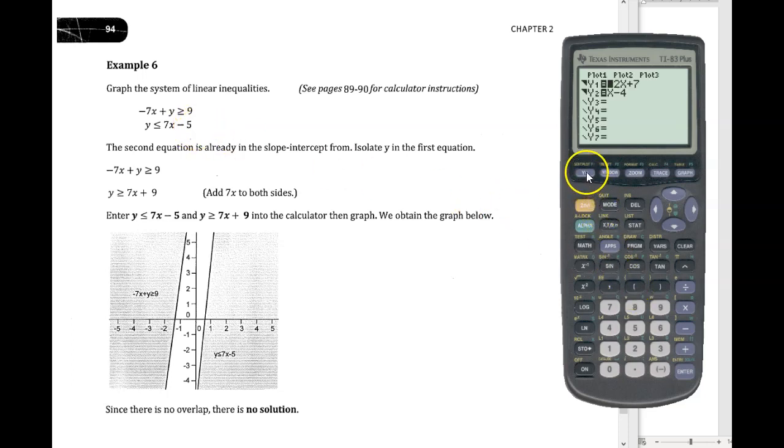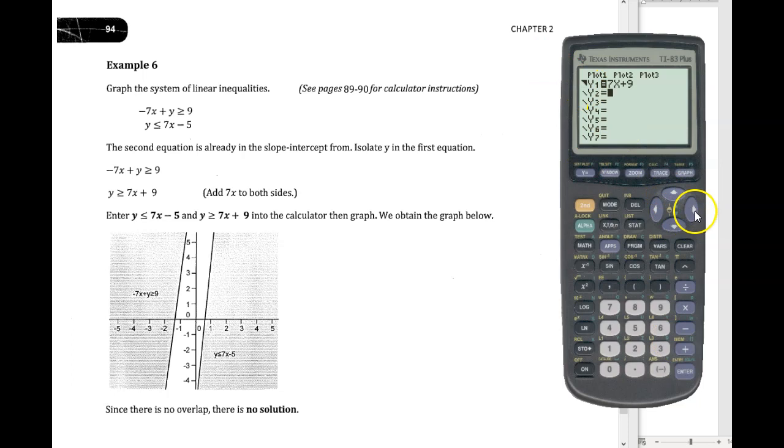I'm going to select y equals. Let me clear those old inequalities. And let's enter the first inequality. So 7x plus 9. We have y is greater than or equal to 7x plus 9. So I want to choose the shade above option.